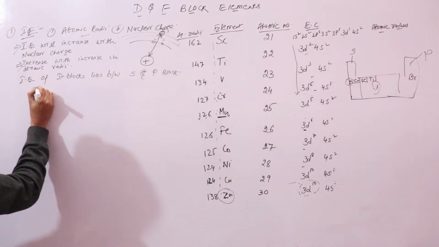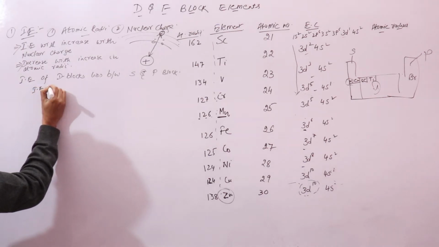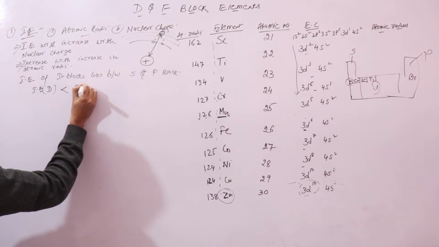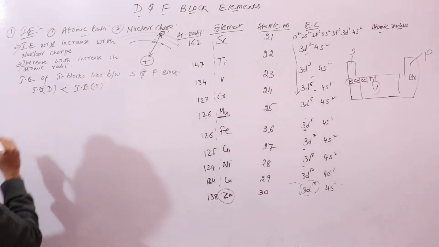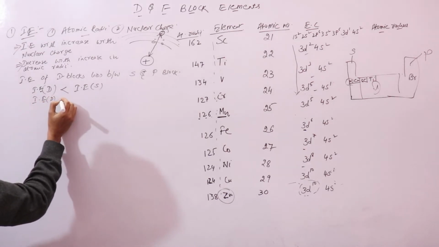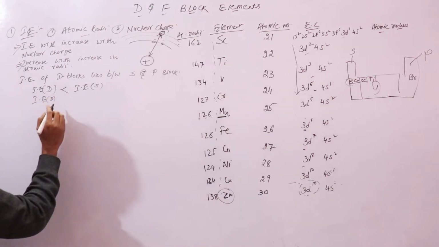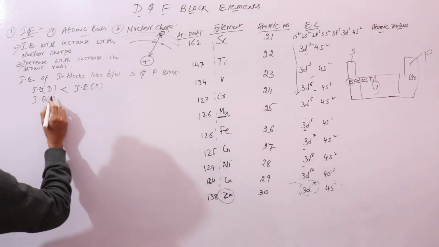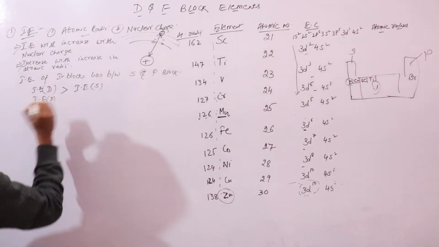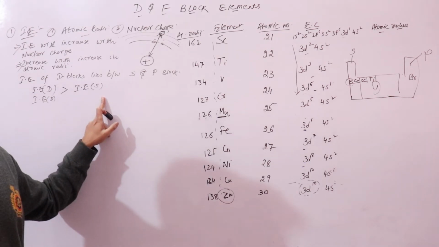So the ionization enthalpy for D block elements is greater than the ionization enthalpy of S block elements.